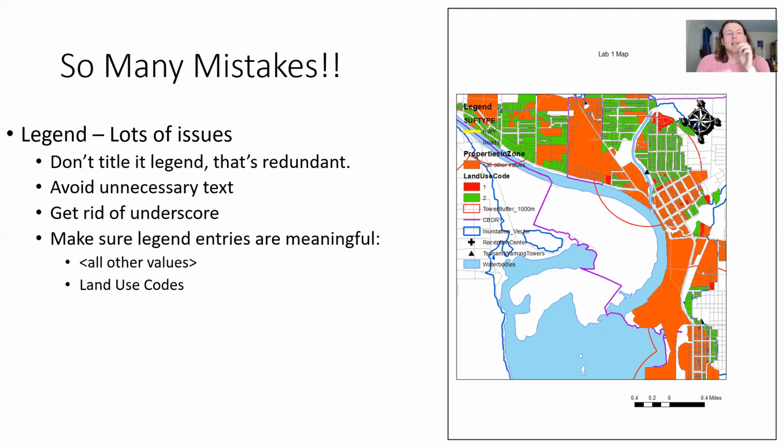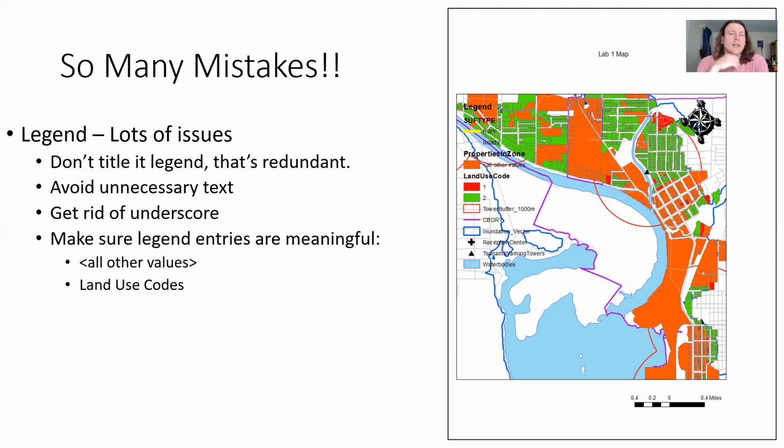And then the legend here has lots and lots of issues. For one, this is a bit of a pet peeve of mine: don't title your legend "legend". It's redundant. The map reader knows it's a legend. You don't need to tell them that. You can give your legend a title if it needs one, but generally speaking, it doesn't. You can just list the categories of the different layers and layer names.